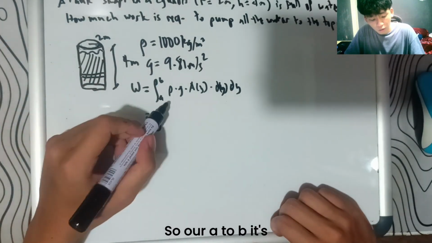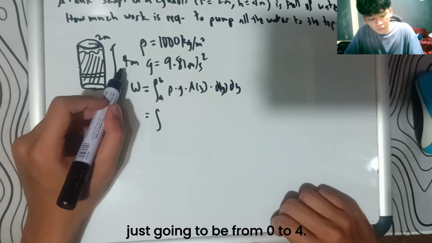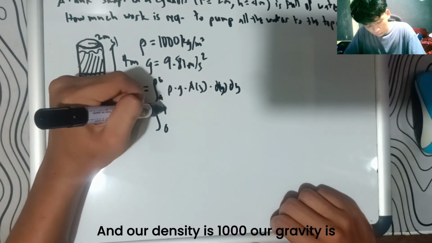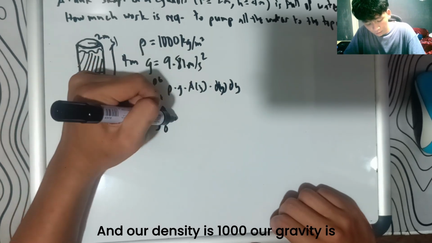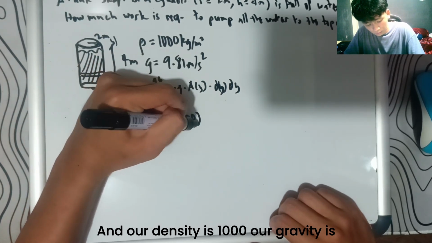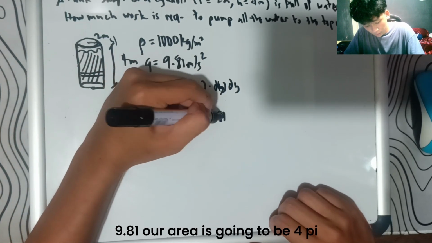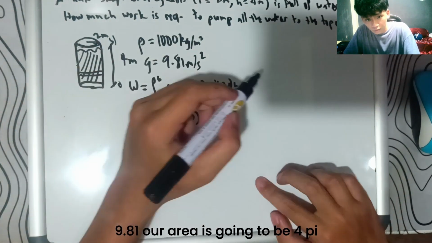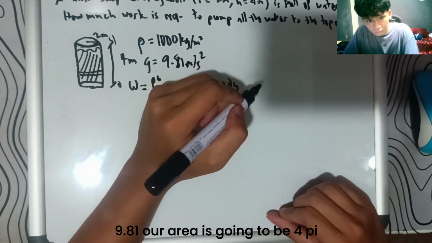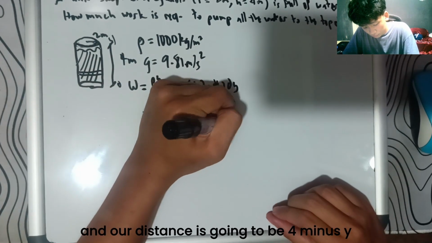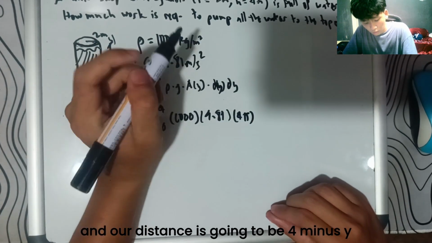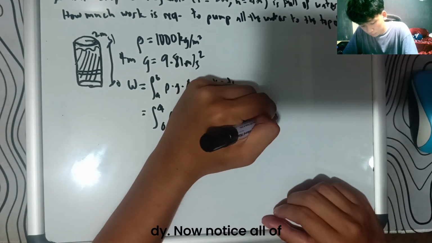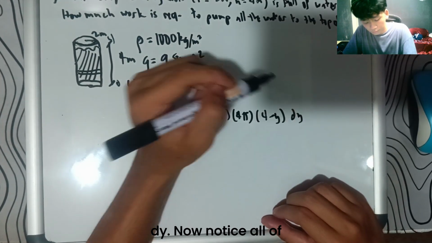So from a to b is just going to be from 0 to 4, and our density is 1000, our gravity is 9.81, our area is going to be 4 pi, and our distance is going to be 4 minus y dy.